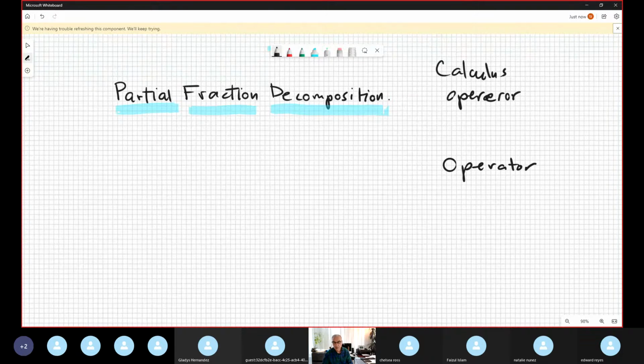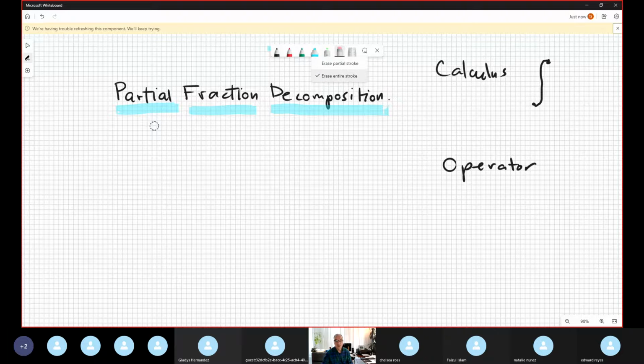When you are doing calculus, specifically, one calculus operator is the integral. The symbolic way to indicate this is the integral sign. There is one fantastic method for solving this calculus operator, called the partial fraction decomposition method.